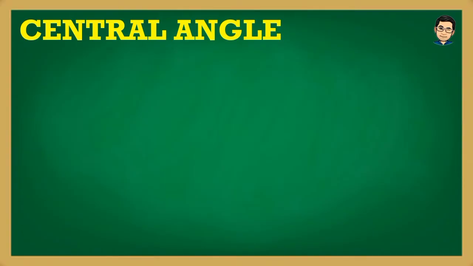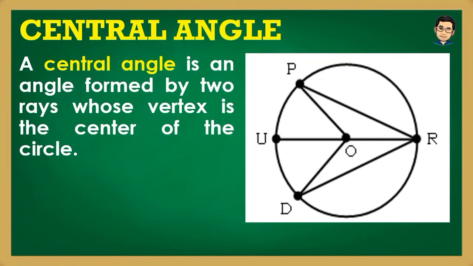So let's have the first type of angle, which is central angle. A central angle is an angle formed by two rays whose vertex is the center of the circle. So pakita natin yung central angle na isa. So formed by two rays. Ito siya. Ito, tsaka to.